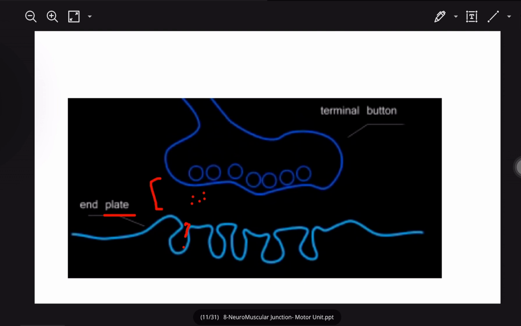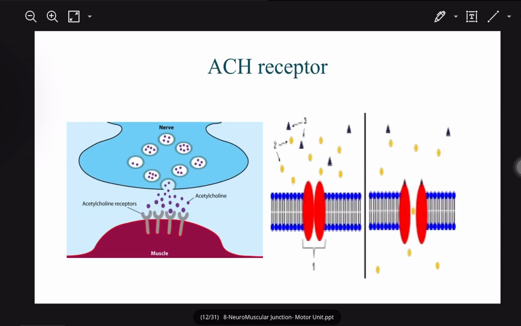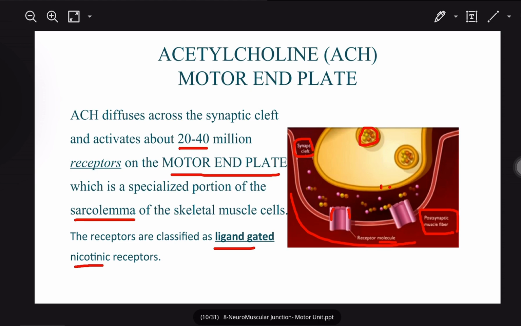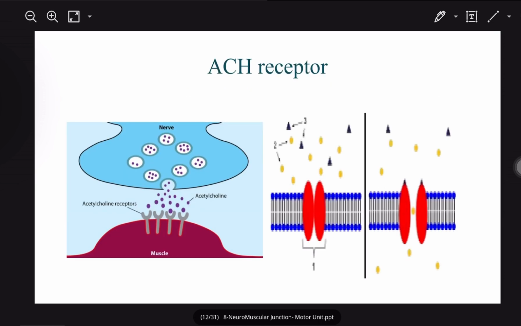So this is the cleft, and this is the end plate, which we call, sorry, go back, the motor end plate. Clear so far? Okay. So we have receptors, as we said.